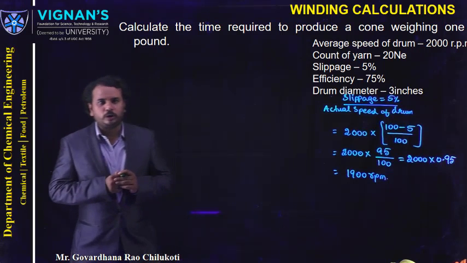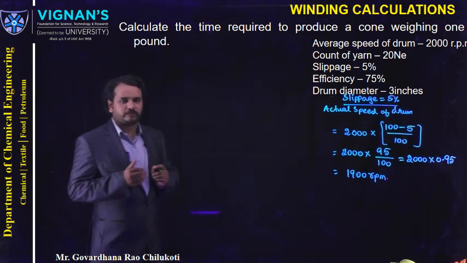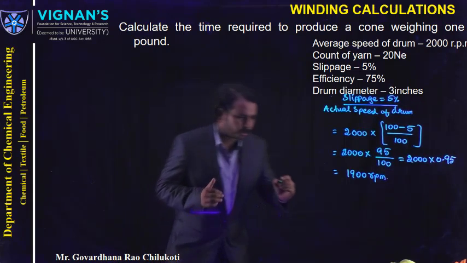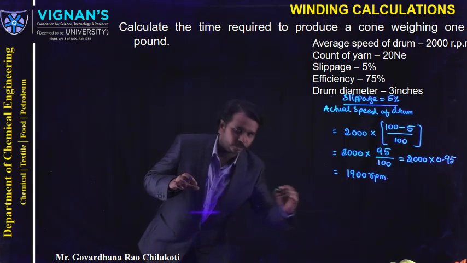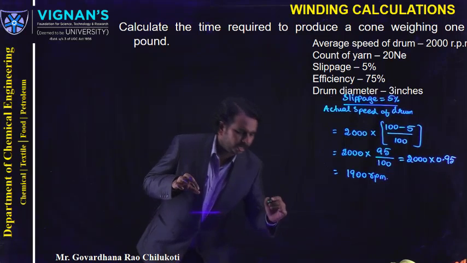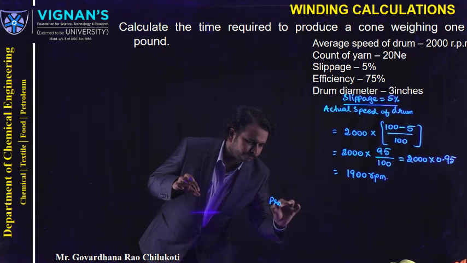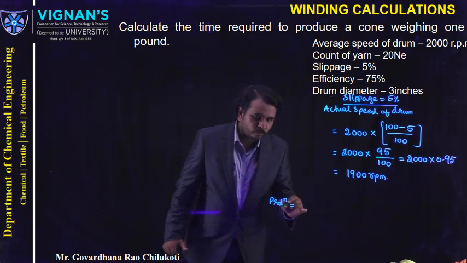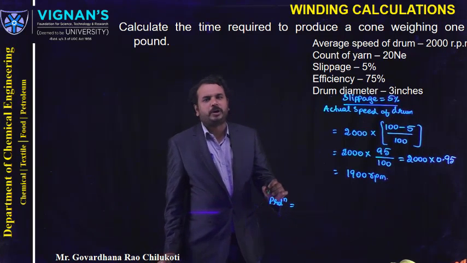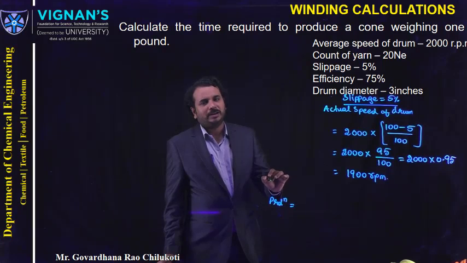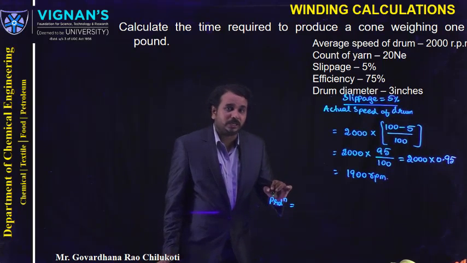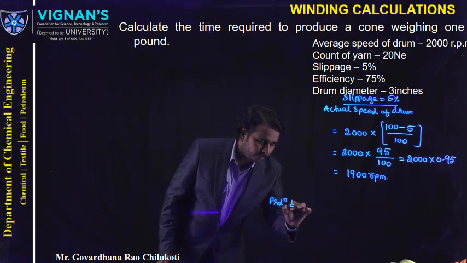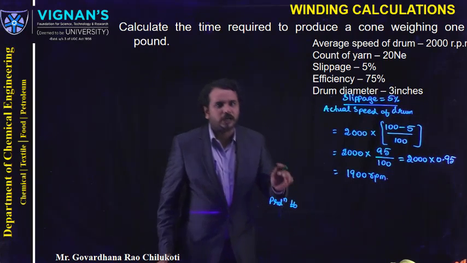So the production formula is, as we have studied, production. Production in kgs we are seeing. If we want in lbs, only a small change, I'll tell you that.